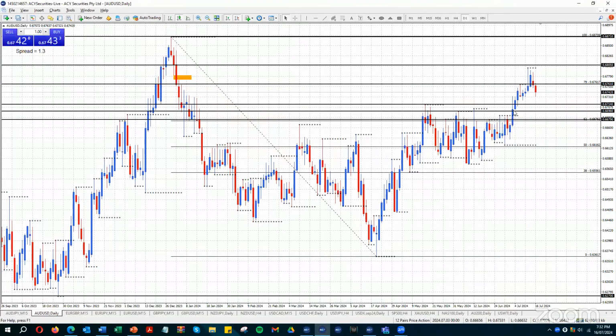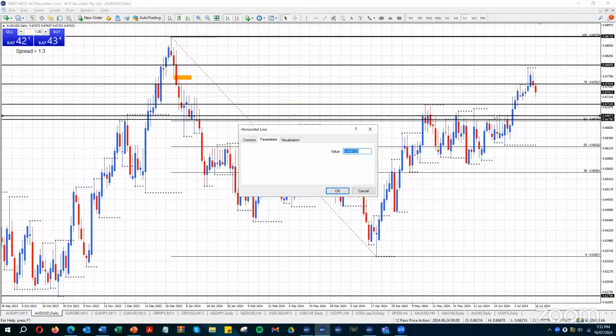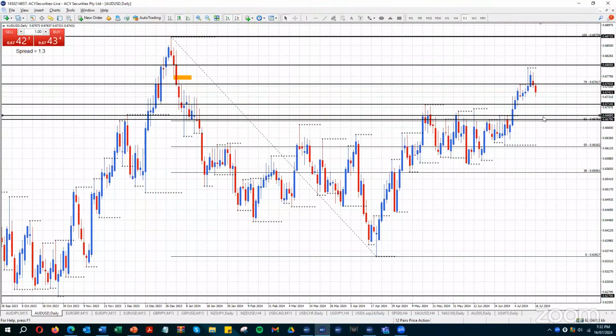So I suspect we will come back into this high here, 66.88. And then it'll be a question of, does the market find support for another leg up? We could be playing at this 79% level for a whole move down this range.